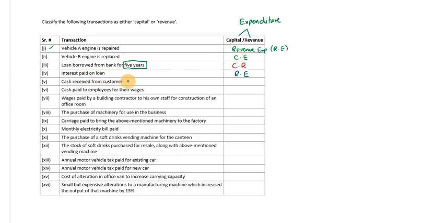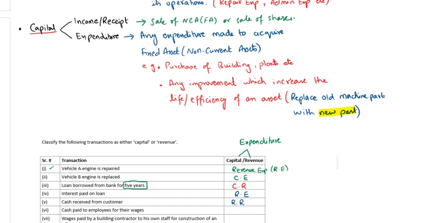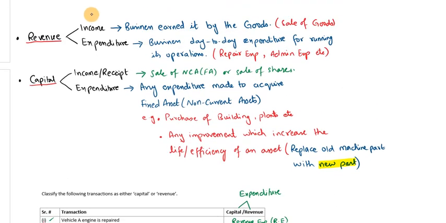So this is income, either capital income or revenue income. Revenue. So this is a revenue receipt. So I will write the abbreviations: here is the revenue receipt, here is the revenue expenditure, here is the capital receipt, and here C stands for capital expenditure.